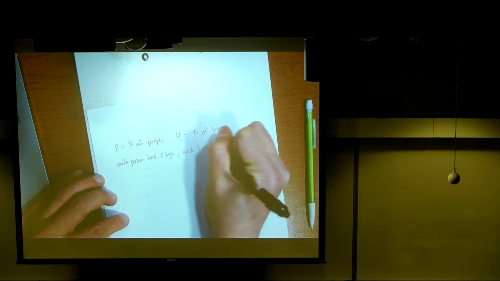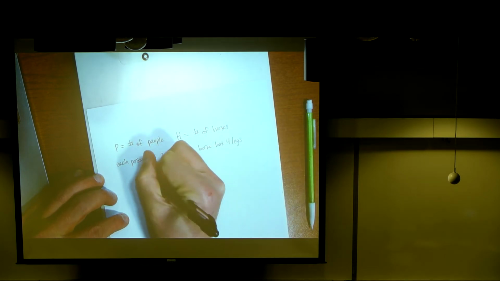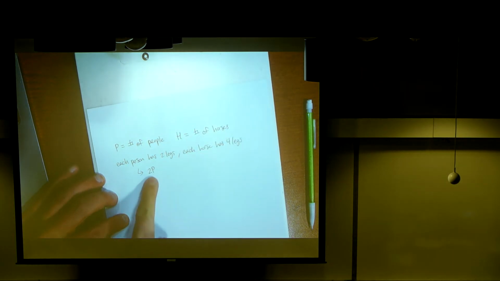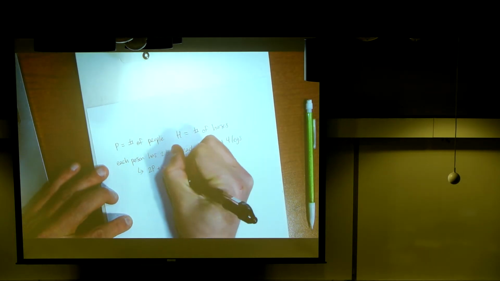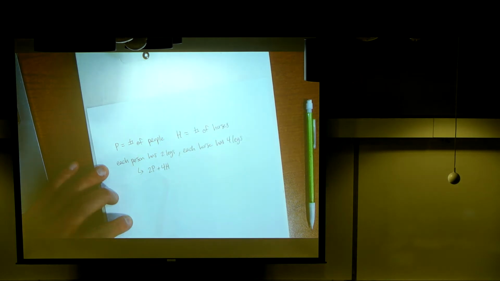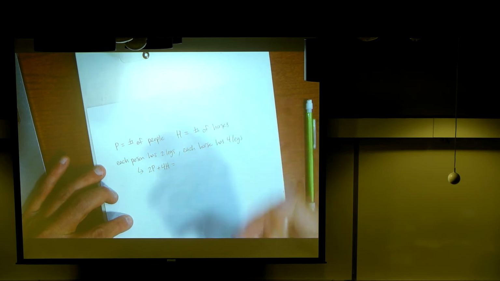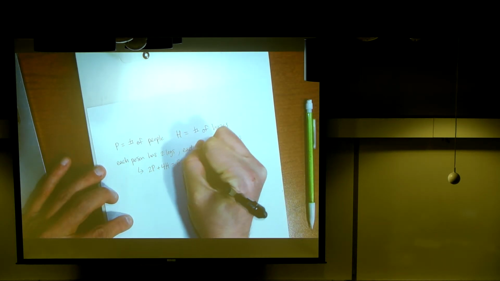Each horse has 4 legs. So if I take 2 times P, it's the number of legs amongst all the people there. If I take 4 times H, it's the number of legs of all the horses involved. And then that equals the number we were given, which is 5,200, right?